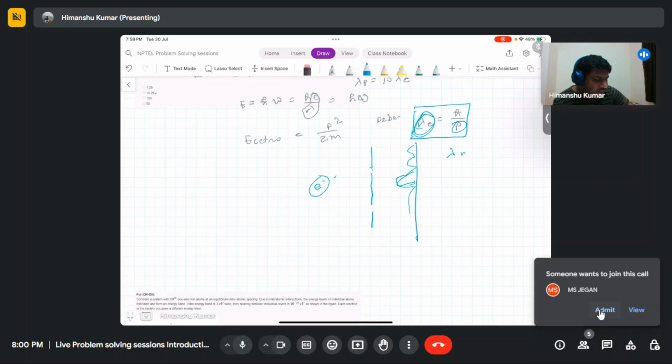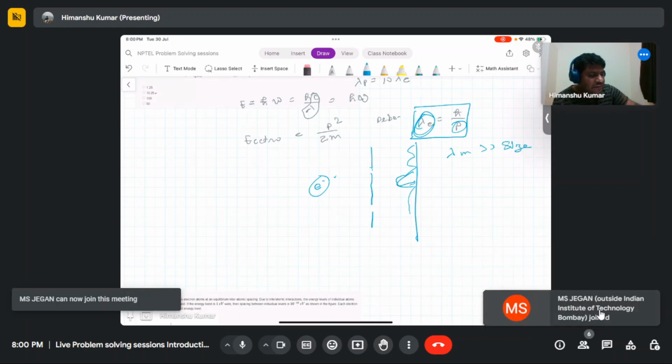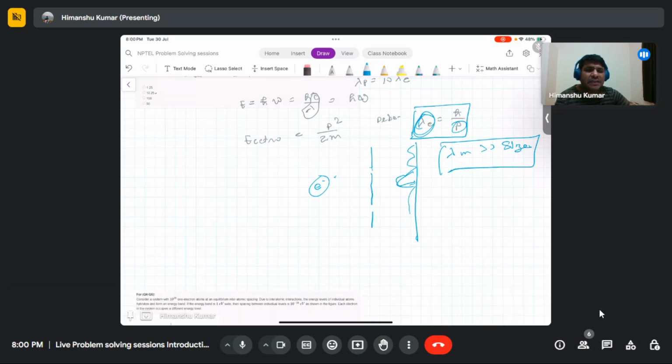If your matter wavelength is very small compared to the size of the particle, then you can consider the classical picture very accurate. But when the size of the particle, or the scale of the distance you are considering, is nearly equal to the de Broglie wavelength of the object, then you need to consider the wave picture also to explain all the phenomena.